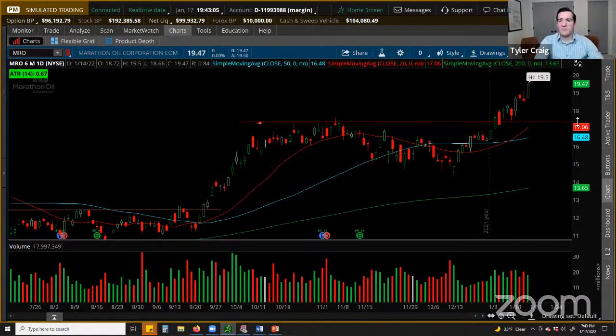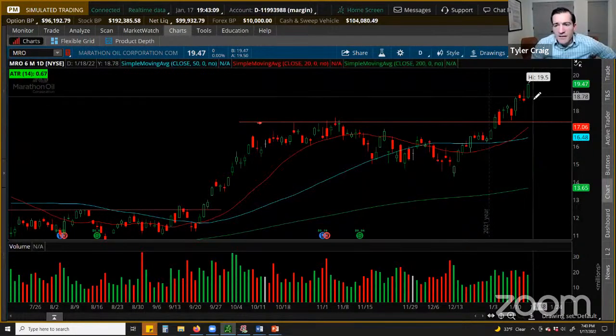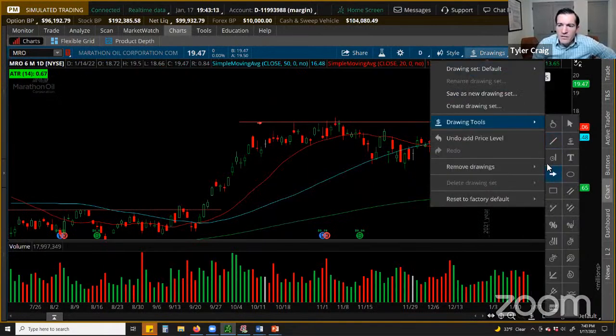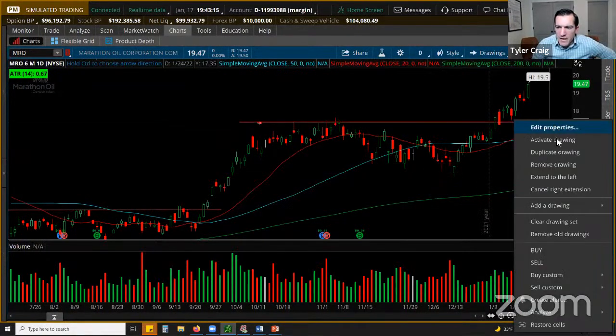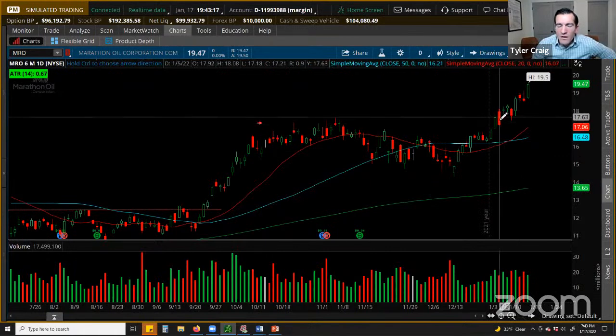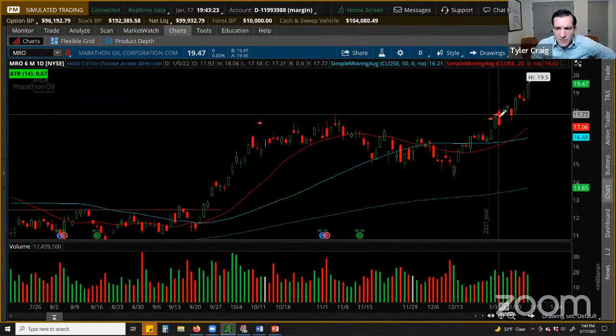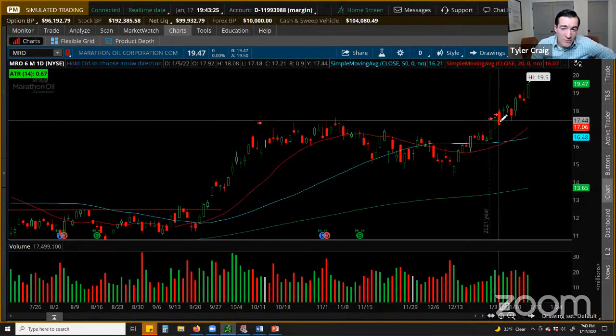Crude oil is coming up against resistance. So look, I like Marathon, but I don't feel like chasing, quite frankly. And look at the last couple of bullish patterns. Specifically, the last couple of bullish candles, right? Bullish candle, dark cloud cover.